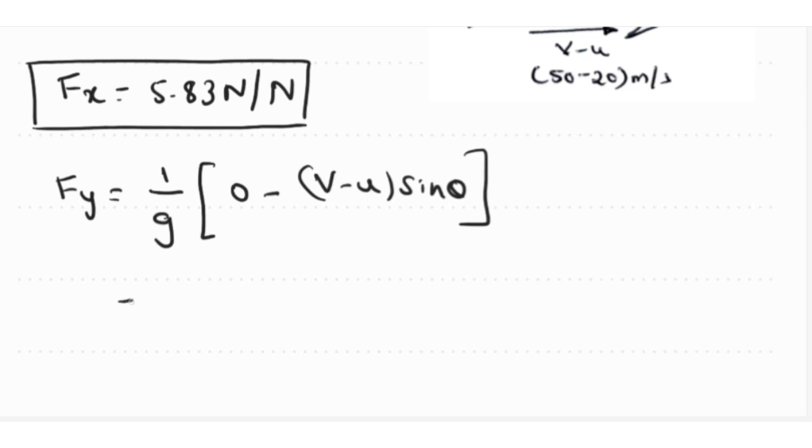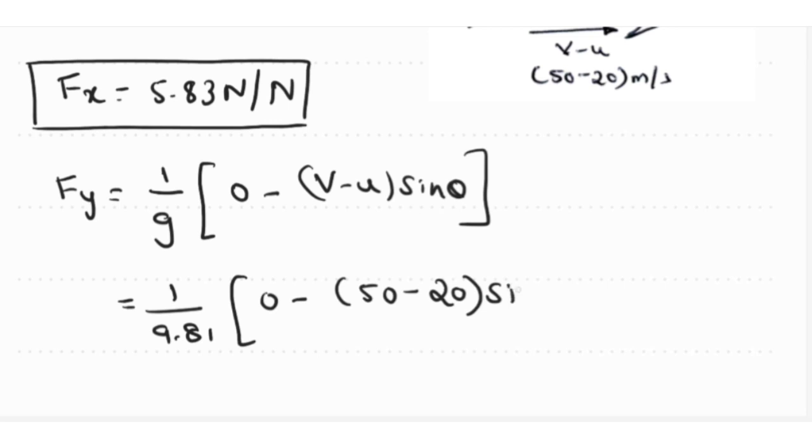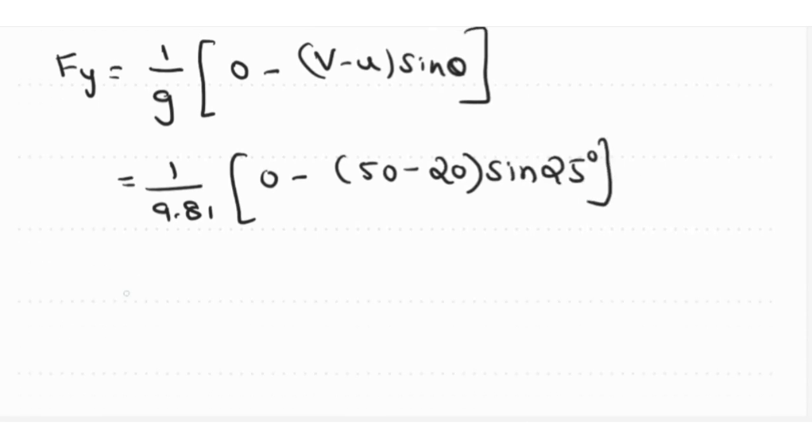So if you substitute the values, 1 divided by 9.81, 0 minus v is 50, u is 20, into sine of 25 degree, so that is minus 1.29 Newton.